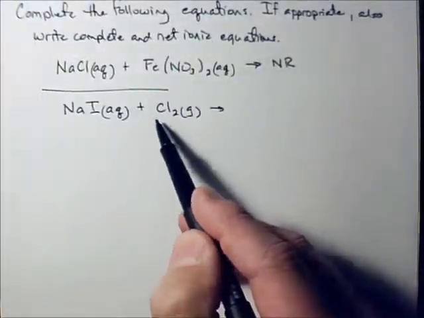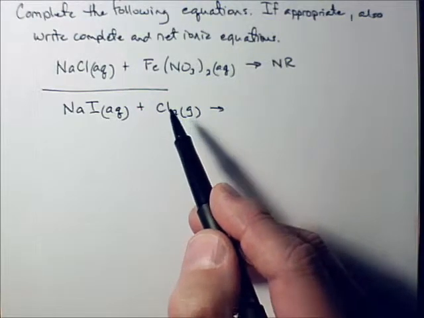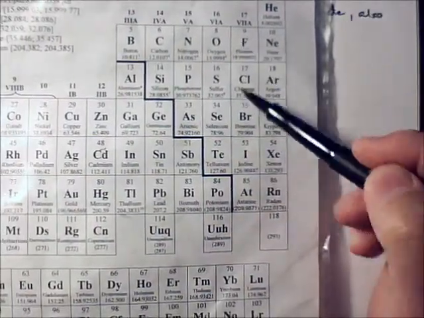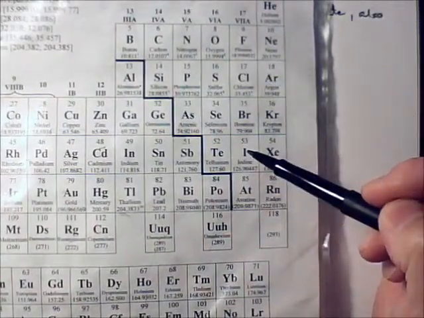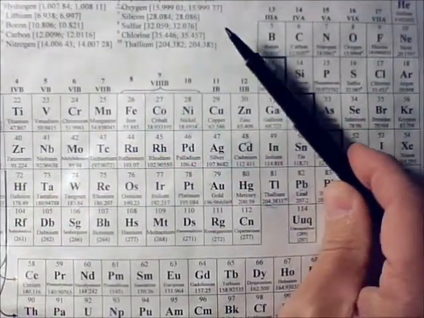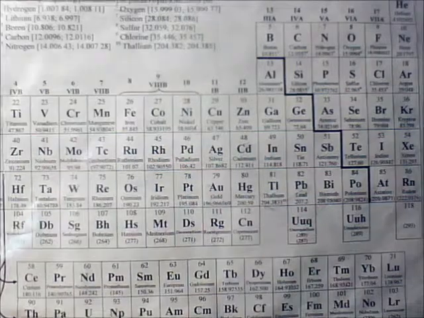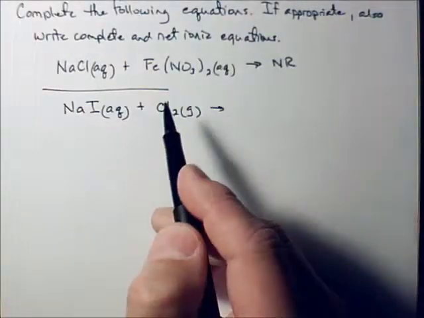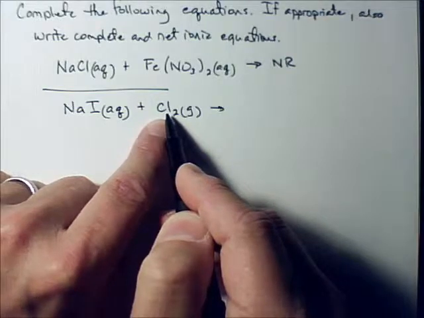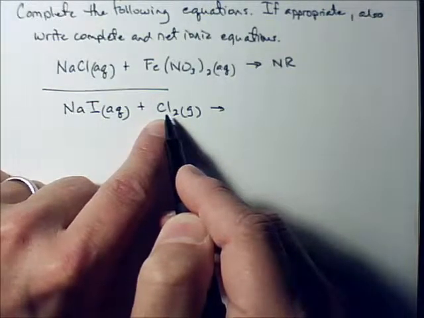Since chlorine is a halogen, we know it's a halogen because it's in column 7A on the periodic table, also known as 17. These are halogens, okay? Halogens replace halogens, and metals, everything from the stair step this way, replace other metals. So this chlorine has to replace another halogen if it will replace anything.